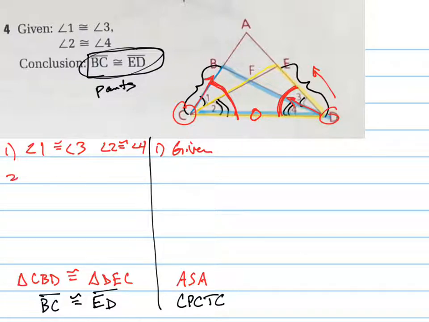All right, number 2, we're going to state that angle 1 plus angle 2 is congruent to angle 3 plus angle 4. And what's the reason for that? Okay, I'm going to say the reason is the addition property.